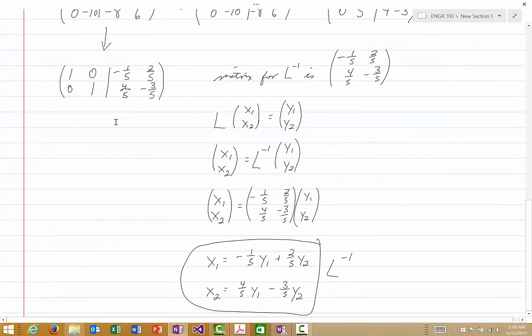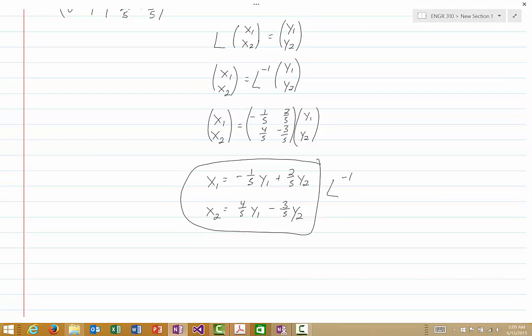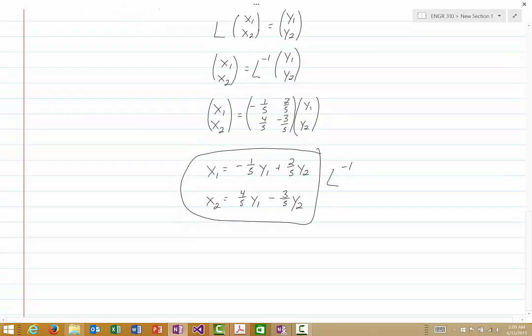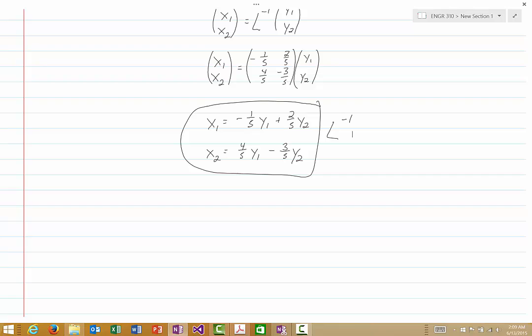But just to make sure that this idea is clear, let's look at one more example. So let's look at problem 7.9.14.